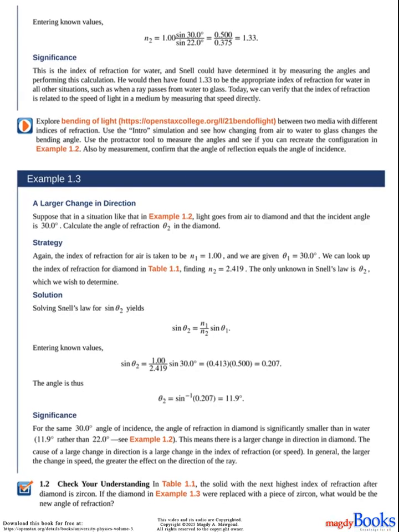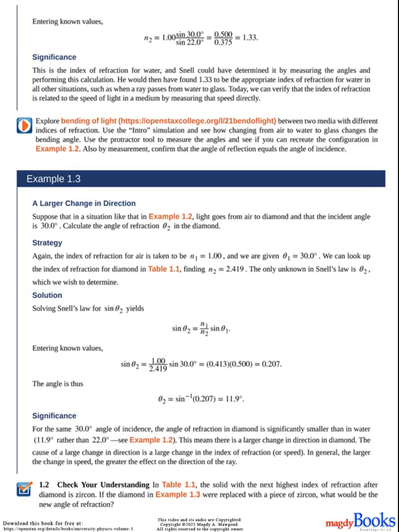Entering known values, n2 equals 1.00 multiplied by sine 30.0 degrees divided by sine 22.0 degrees, equals 0.500 divided by 0.375, equals 1.33.